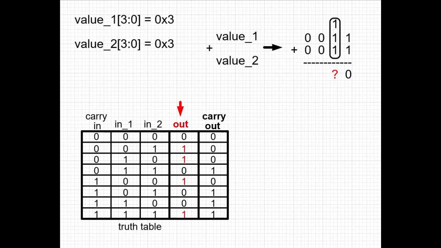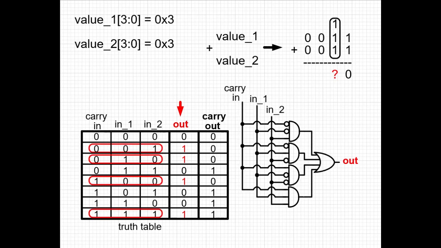We'll look at the main sum output first. A simple approach is to use AND gates to decode all those combinations that produce an asserted output, and then OR those together, like so.